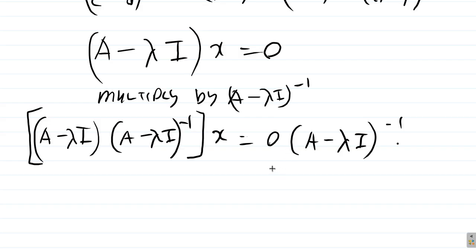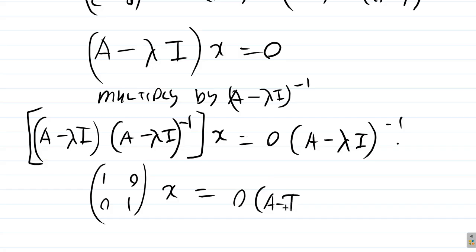Now, if you could do this, you would have 1, 0, 0, 1 times X is equal to 0 times A minus lambda I inverse, which is 0. 0 times anything gives a 0, right? 0 times all of this would be 0. But that can't work either, because you'd be saying that X is 0.